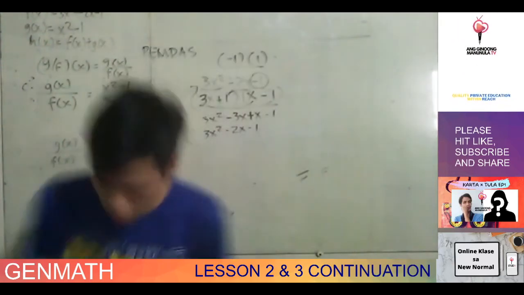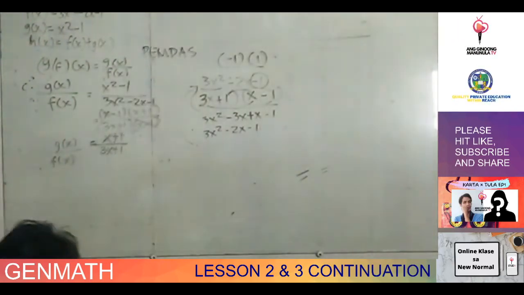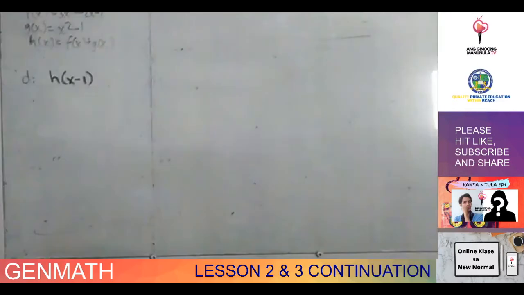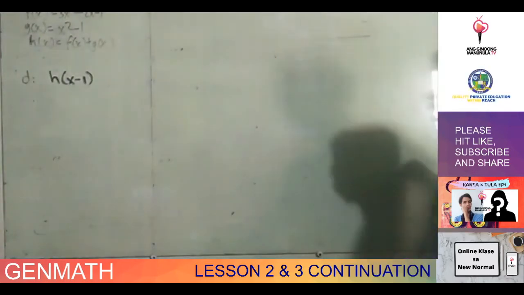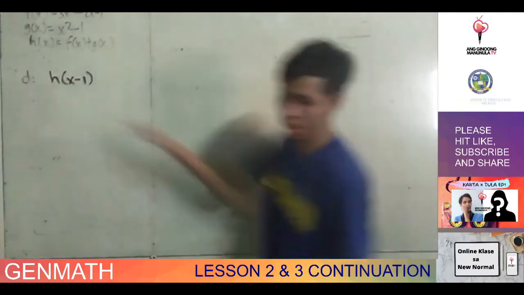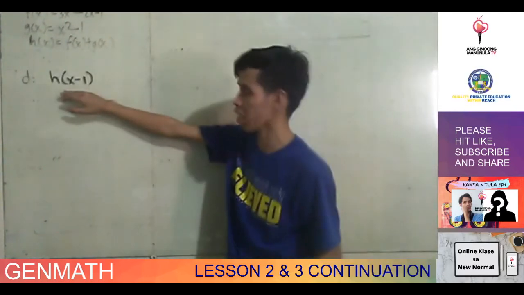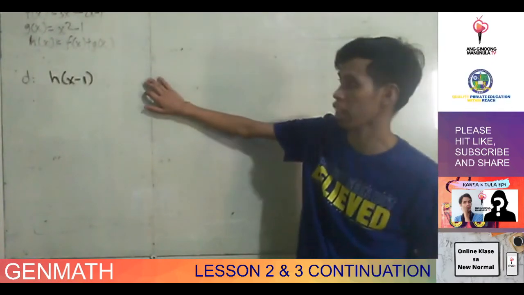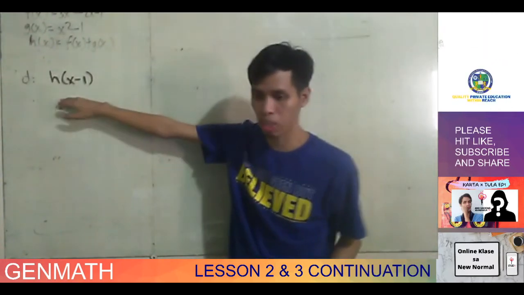So letter D na tayo. So ang letter D ay h of x minus 1. Okay. So isolve natin si letter D. So h of x minus 1. So ang value ng x natin ay x minus 1. So maaaring ang maging value ng ating x ay expression din.